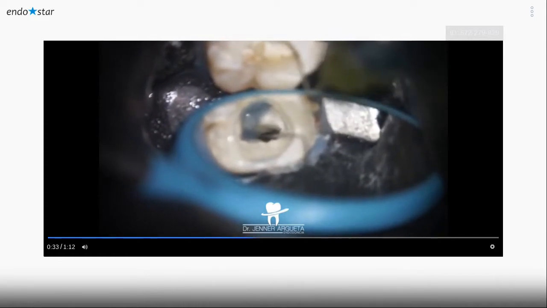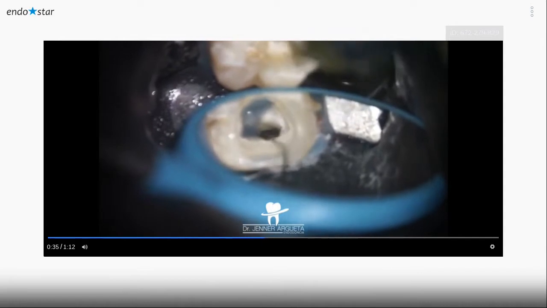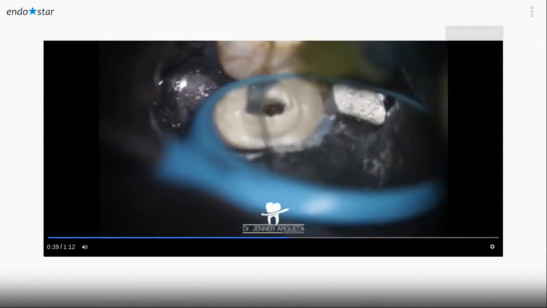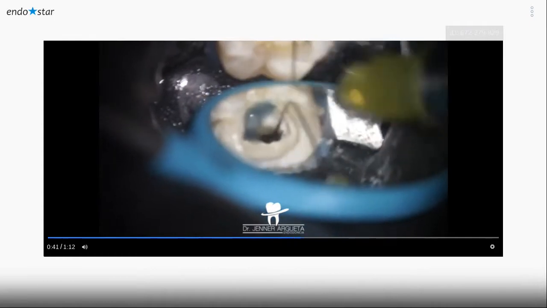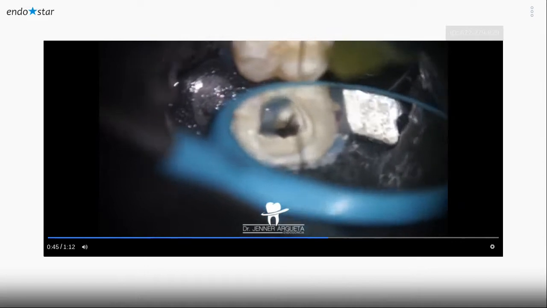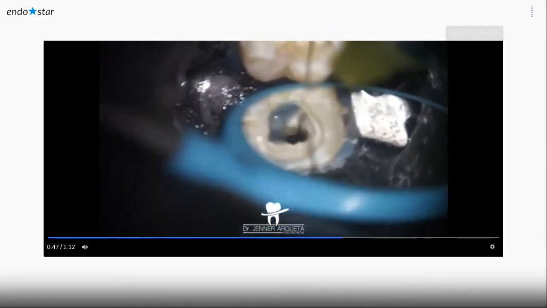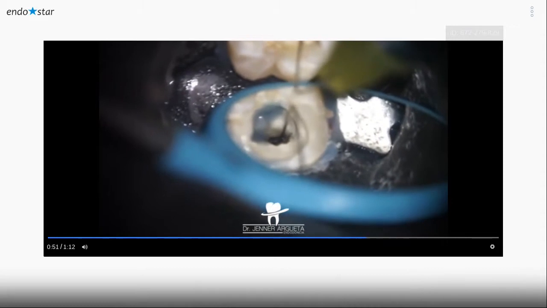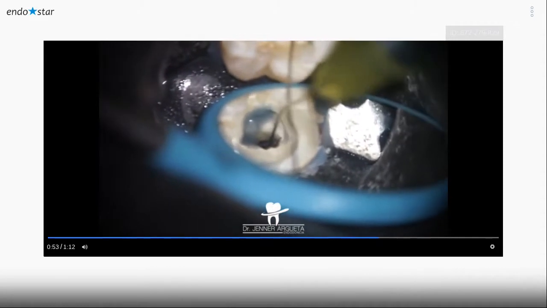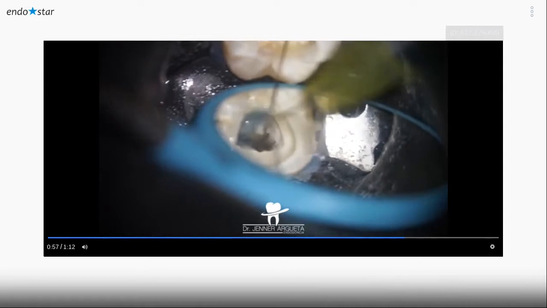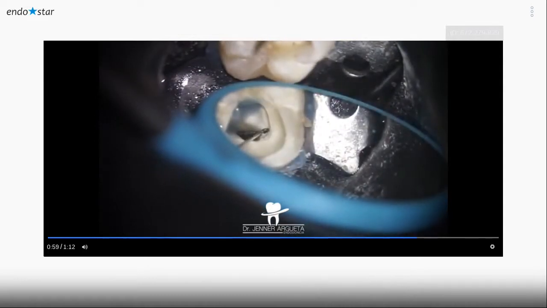And now I'm going with the BTR pen to grab the file. It's just a matter of tightening the loop and gently taking the file towards coronal. And you will see how the file is going out.